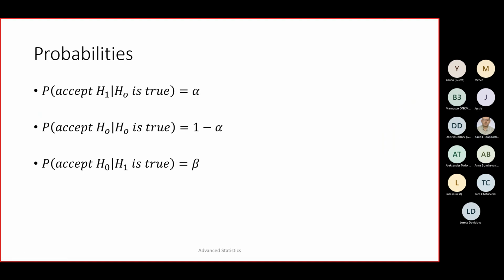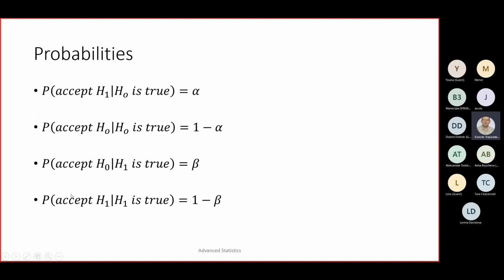For the type 2 error, we use the Greek letter beta, and the probability to accept the null hypothesis when the alternative hypothesis is true is beta.